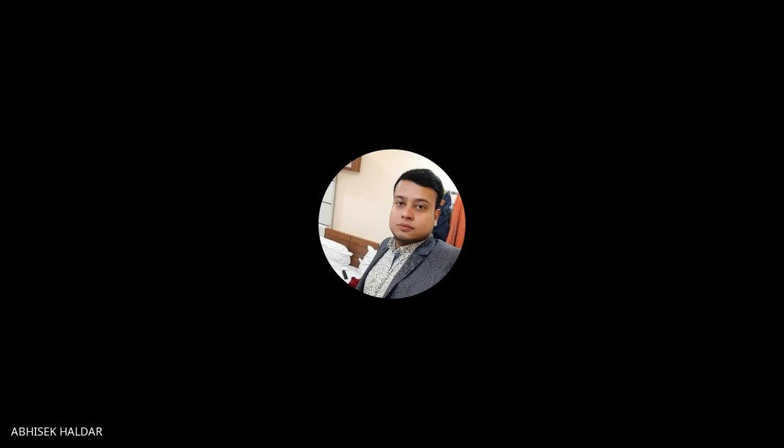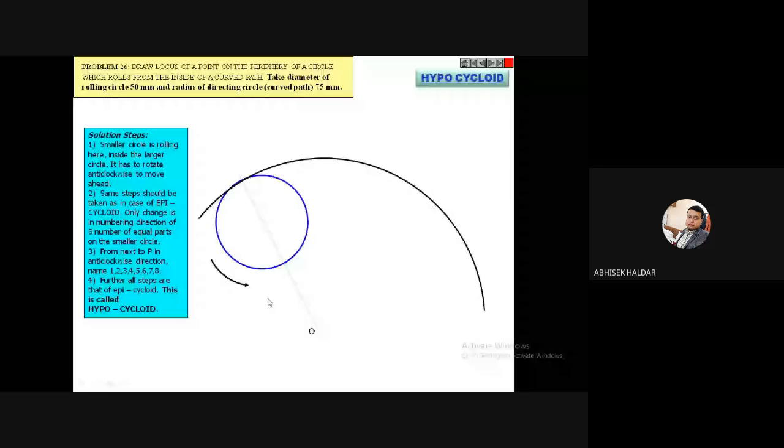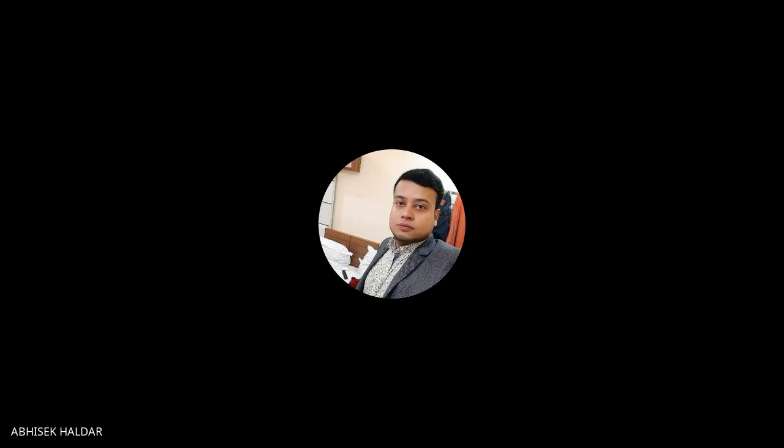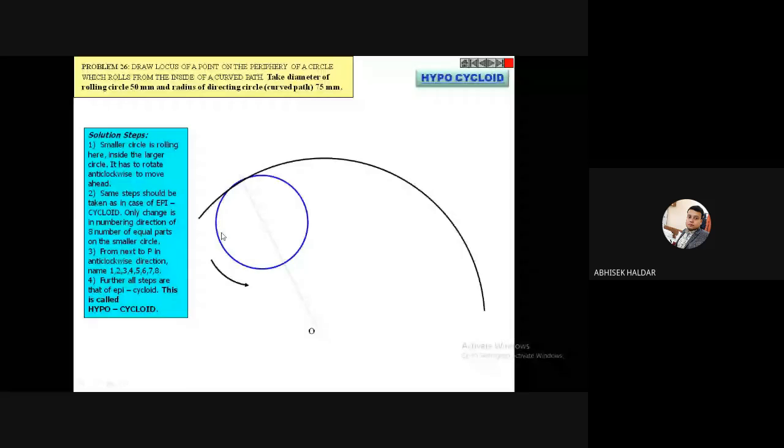I have to divide this circle into 8 equal parts, and also this angle I have to calculate. What is this angle? Who can tell me? What is this angle I'm talking about? I told in the last class.